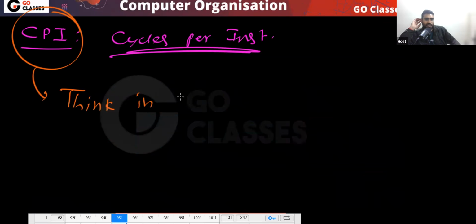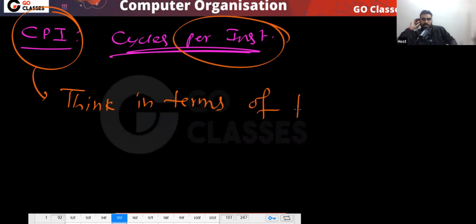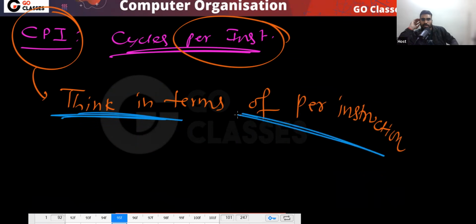When there is no branch instruction, when everything is perfect, one cycle will be taken by every instruction.